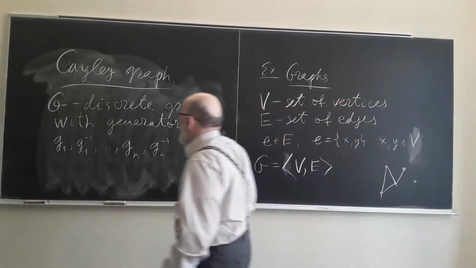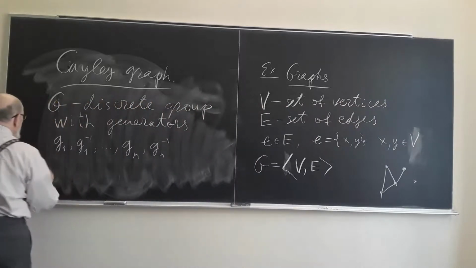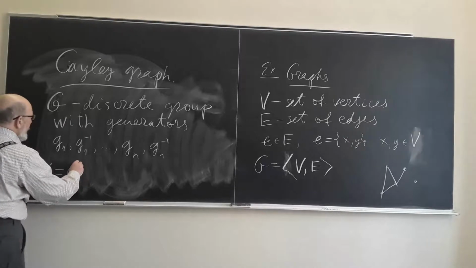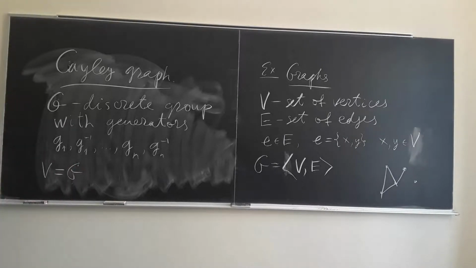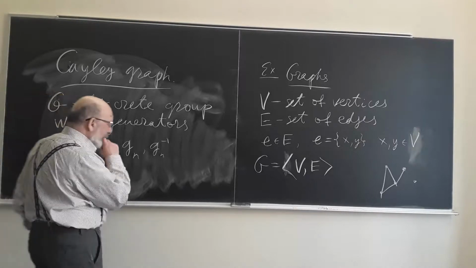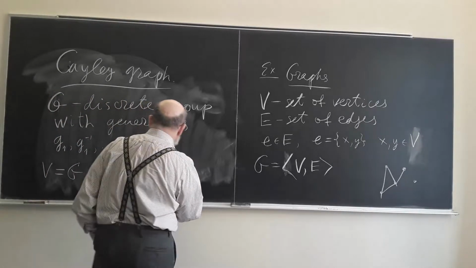And so in this case, V equals G. So each element of the group is a vertex, and two elements of the group are connected in the following case.